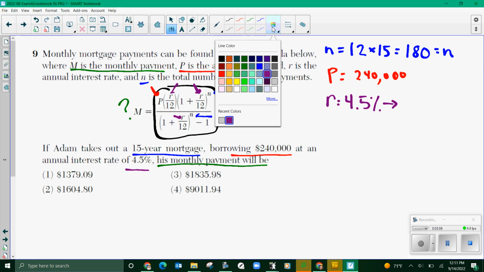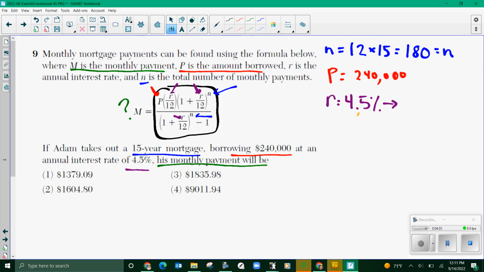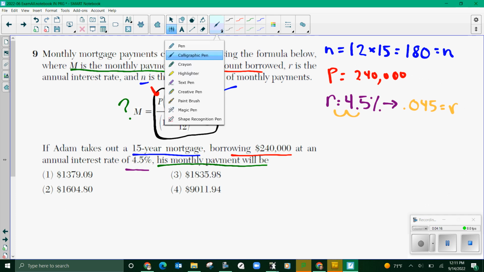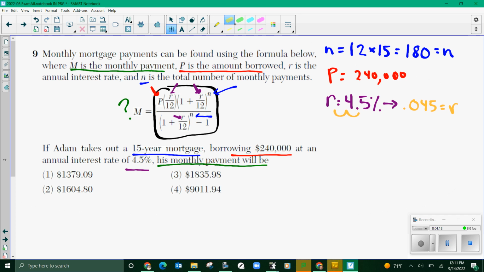That means we're going to have to slide the decimal over to get rid of the percent sign. 1, 2 times. So there's a lead empty space. We're going to put a 0 there. Then our 4 and 5. This is the value that goes in for R. I have everything I need for this side right here. I have everything I need. I'm just going to put it in the calculator and hit enter.